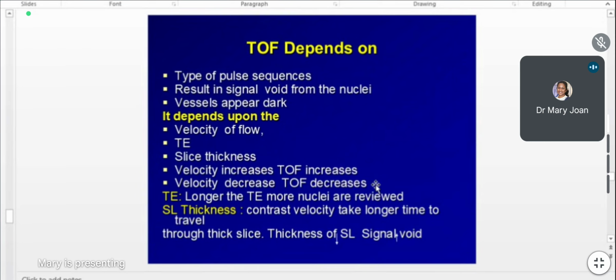Time of flight depends on the type of pulse sequence and results in signal void from the nuclei. Vessels appear dark. It depends upon the velocity of flow, TE, and slice thickness. As velocity increases, time of flight increases; as velocity decreases, time of flight decreases.